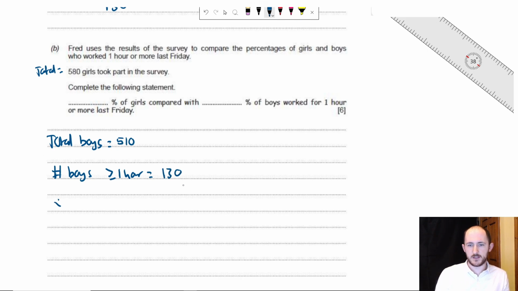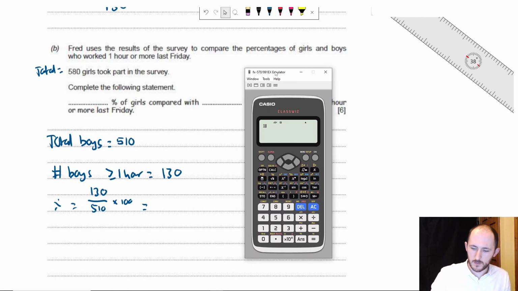Then the percentage would just be 130 over 510 times 100. So 130 divided by 510 times by 100 gives me 24.5%.